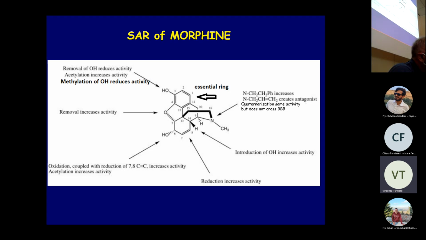This compound is called codeine. Codeine is present as an alkaloid inside the opium.